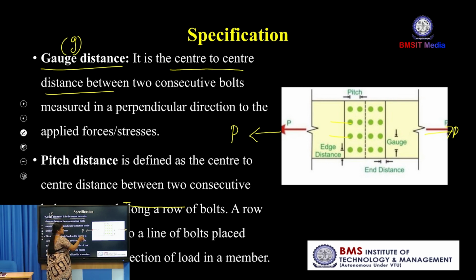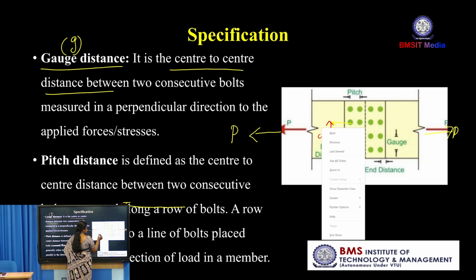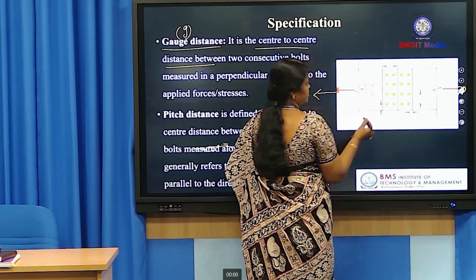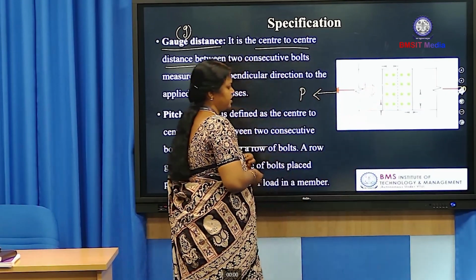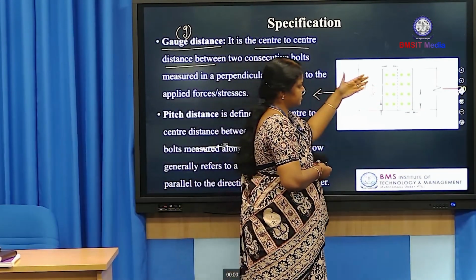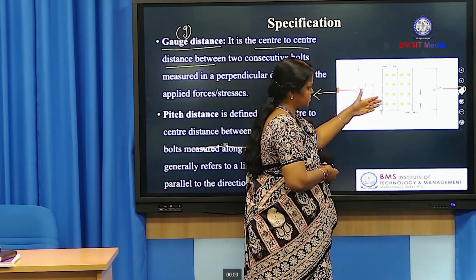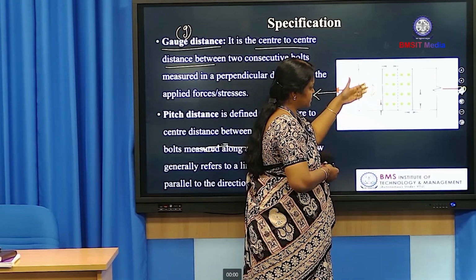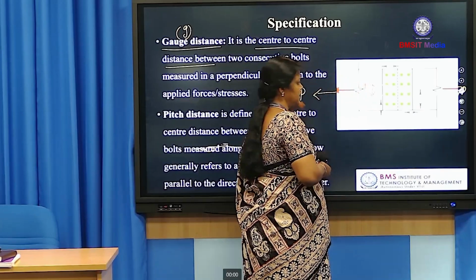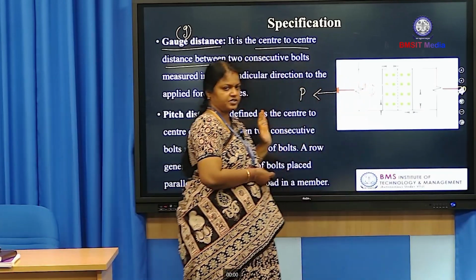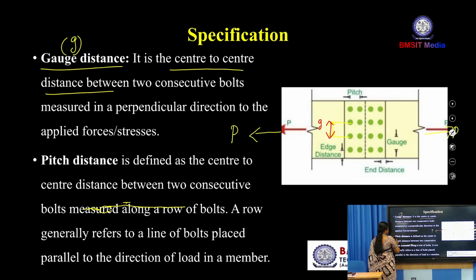The applied force is in this direction, so perpendicular direction. So, this one is g, gauge distance. Gauge distance means center to center distance between two consecutive bolts, and this direction is perpendicular to the applied force. This is called gauge distance. Now, coming to pitch distance. What is pitch distance?